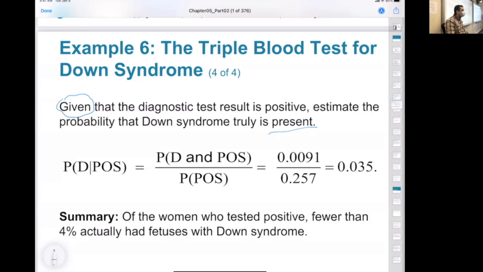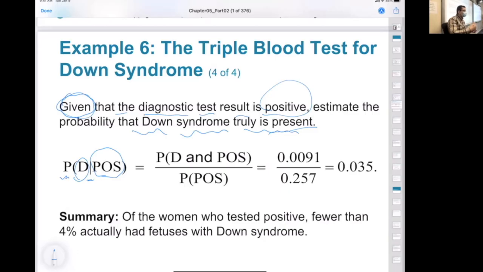So we need to find what? The probability that Down syndrome truly is present, given that the diagnostic test result is positive.